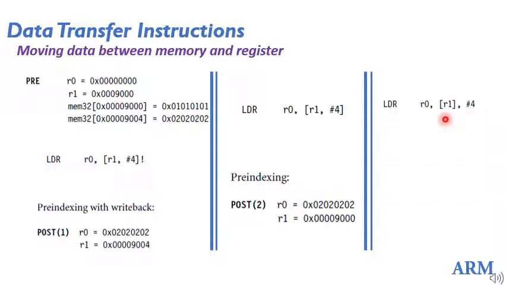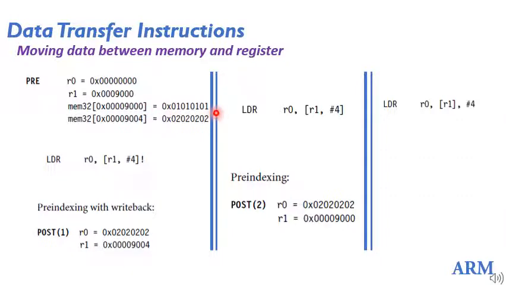So the value of R1 is 9000. So the content of the memory location whose address is in R1 is to be loaded to R0. So R1 is 9000. The content of the memory location whose address is R1 is 01010101.